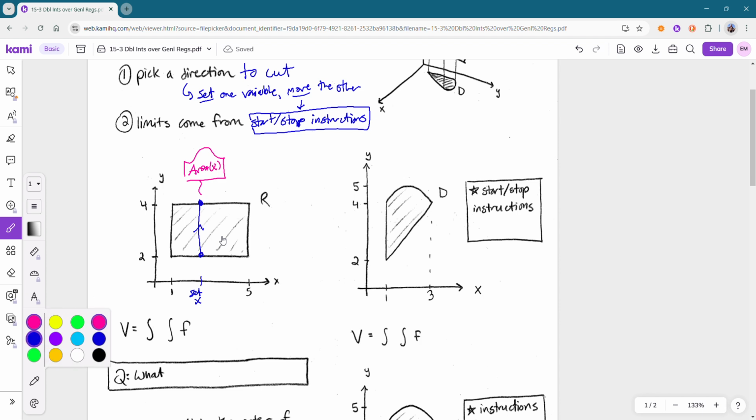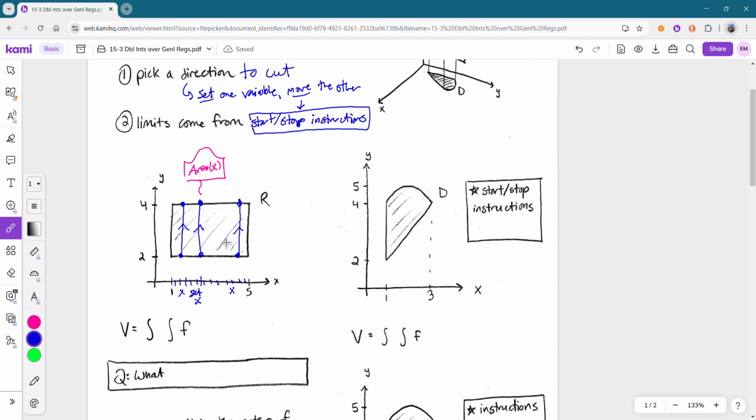And we would then go through and get a cross-section at each and every x along the way here. So over here at this x, we would start y at 2, move it up to 4, get our cross-section. At this x over here, start y at 2, move it up to 4, and get our cross-section.